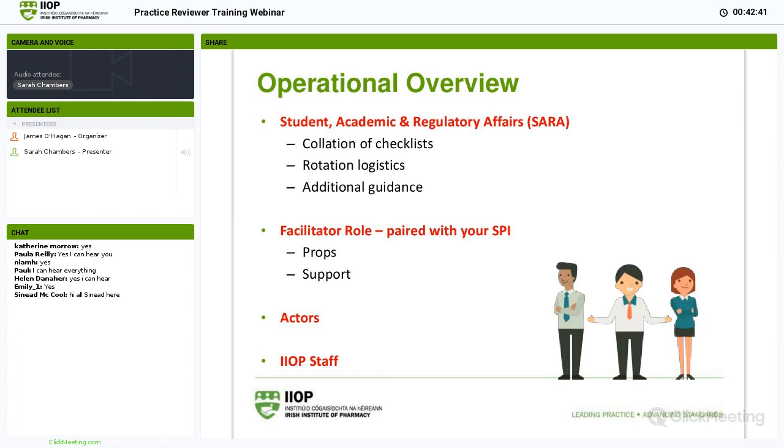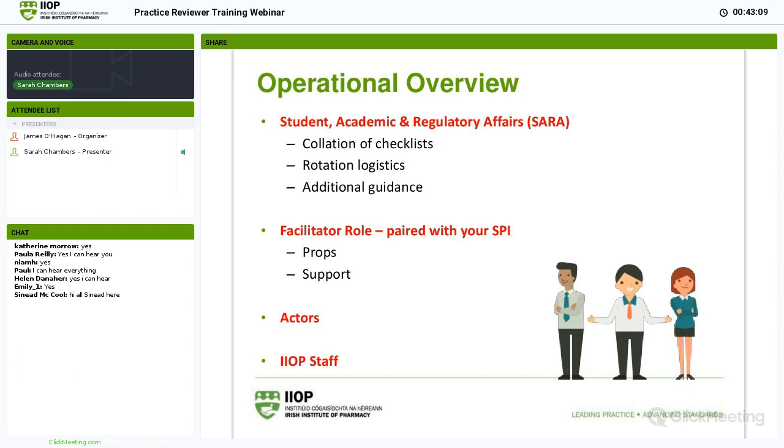So just to mention in terms of the operational overview, Sarah and the team are there for us. They're really familiar with different types of reviews and exams, undergraduate, postgraduate, so they've seen it all. They'll be there to provide guidance, they'll be there to manage the rotational logistics, and also to collate and gather the checklists.